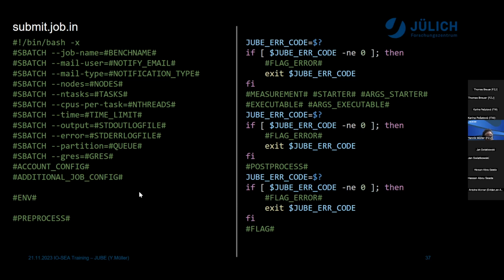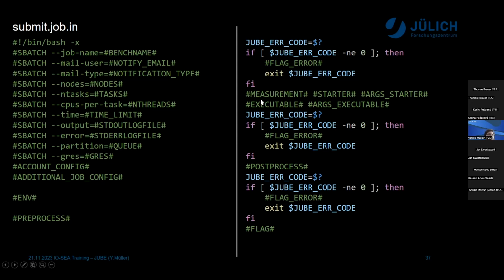And if not, I would say always use the template because there's a second advantage of using the template. Not only do you skip writing it, you get updates to the template that we do as JUBE developers for free. For example, when I started working here, the live version of JUBE did not have the error flag yet.